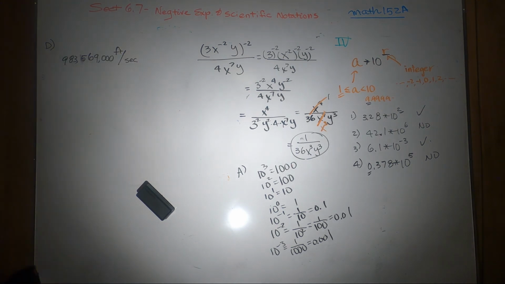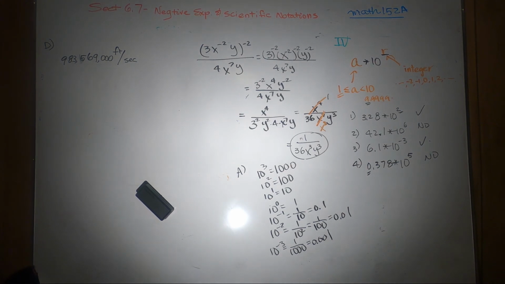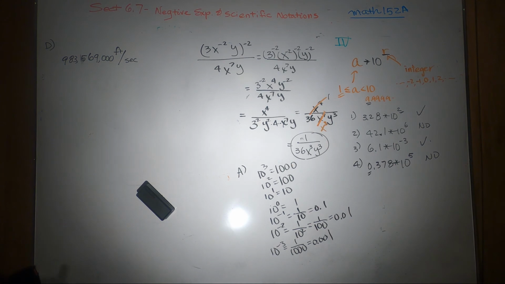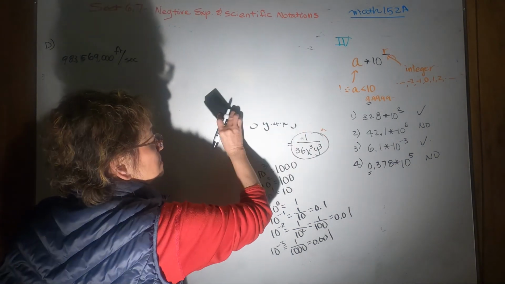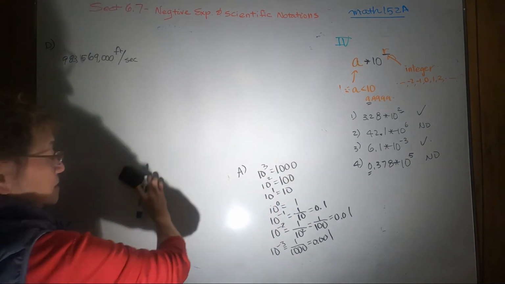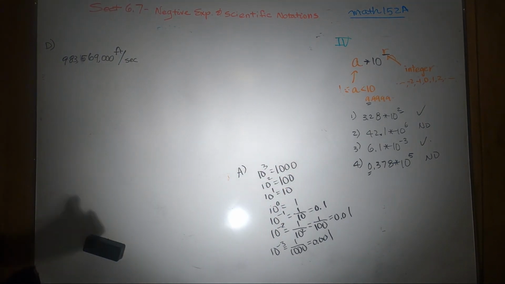You blink here, it travels so far away, so many feet away. For the accuracy, how will we write it? We want to know actually how big it is, means how many zeros there are, so we know how big the number is. So we write it this way.